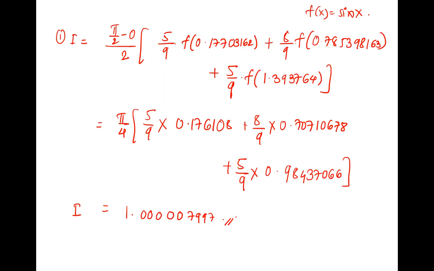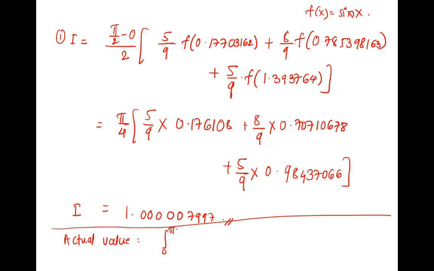Three-point formula gives you a more accurate result than the two-point formula. Is that correct? Is everyone getting this, or is a little difference okay? The actual value is the integration from 0 to pi by 2 of sine t dt. The integration of sine is minus cos, from 0 to pi by 2.